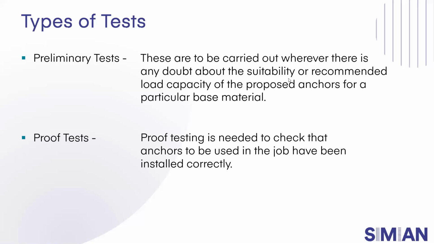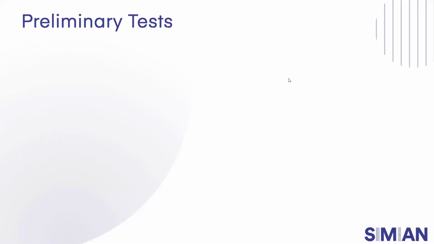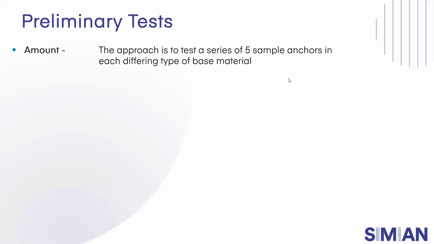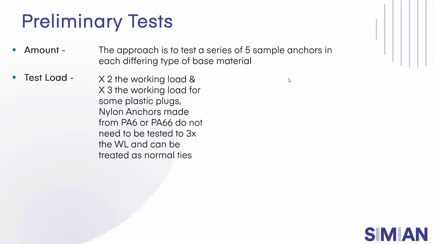So talk a little bit more in depth about preliminary tests. Generally, in terms of preliminary tests, you would test a sample of 5 anchors in each different type of base material. The test load would be 2 times the working load, but that can go up to 3 times the working load for some plastic plugs.